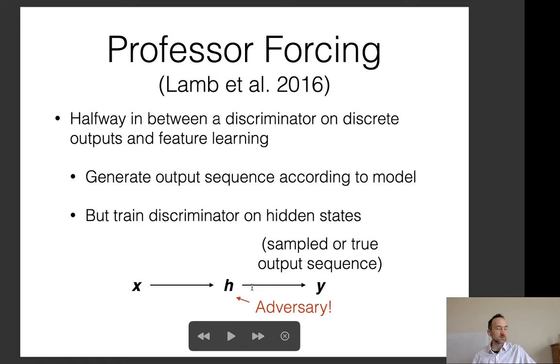And this tries to essentially force the hidden states to be similar between the generated and the fake results. So this is kind of yet another way to encourage generated outputs and fake outputs to be similar.